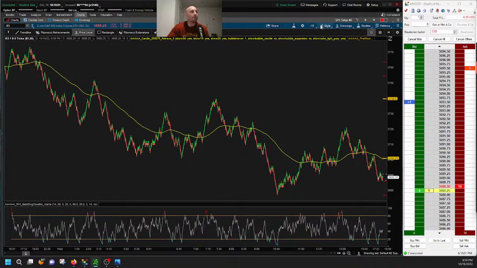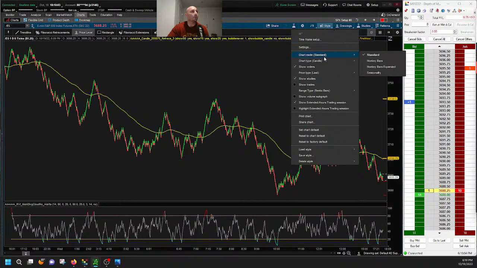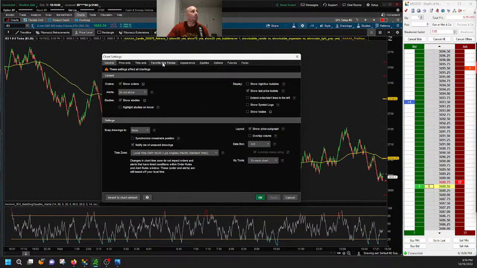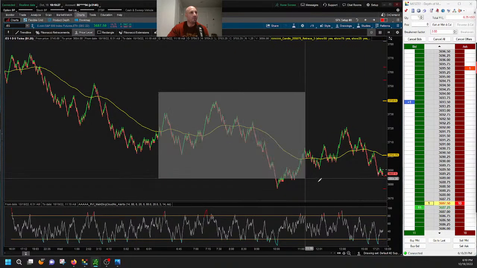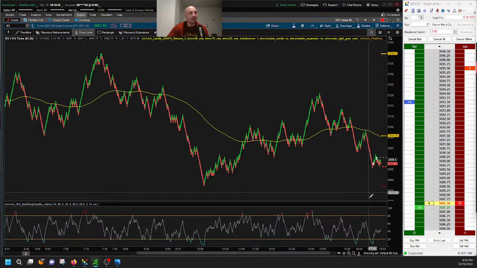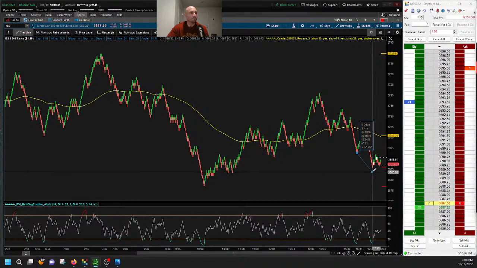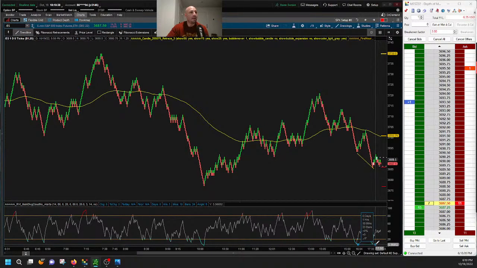But if you come over here, go into time axis, you'll see these are Renko bars. You can either do range bars or Renko bars. It's something I'm playing around with, seeing is there an edge. Look at this, kind of nice divergence right here with a double bottom.